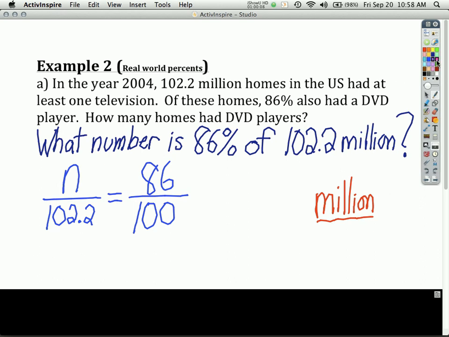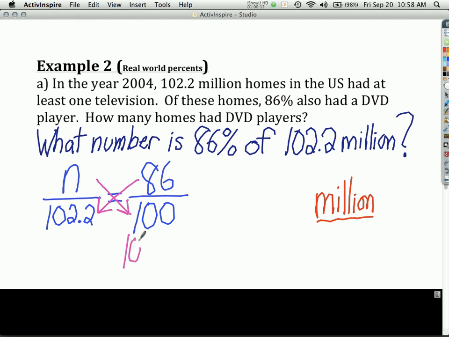So cross product this way, cross product that way, you get 100n equals what? 86 times 102.2. What do you get there, Kayla? When you just do this multiplication, what do you get?